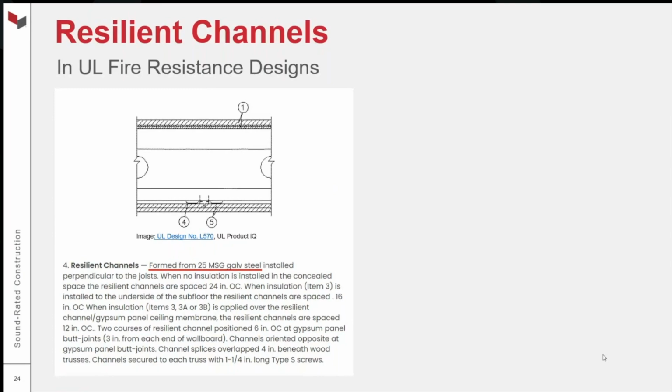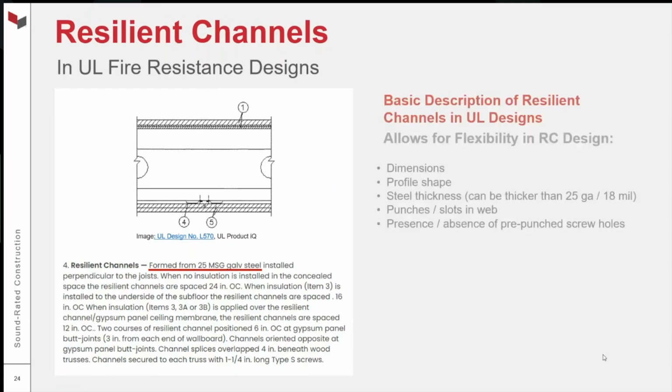It's a very, very simple description. But that basic prescriptive description has allowed for a number of different resilient channel designs to come on the market over the years. You'll have slightly different dimensions, different profile shapes, steel thickness. As long as it meets the 25 gauge minimum shown in the UL design, then it's appropriate.